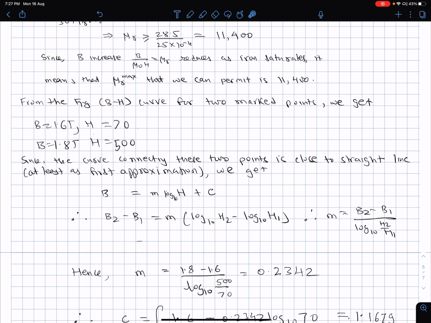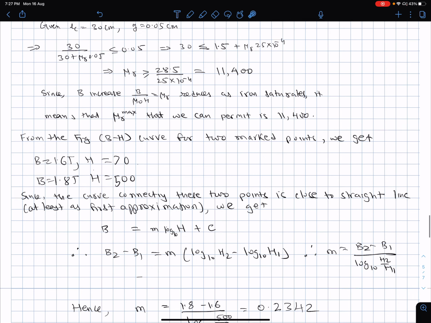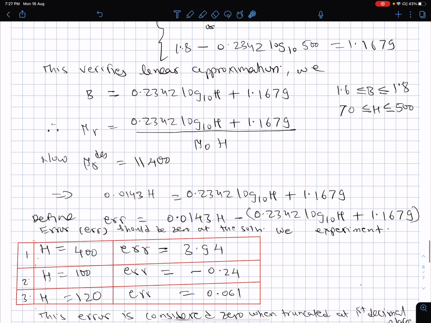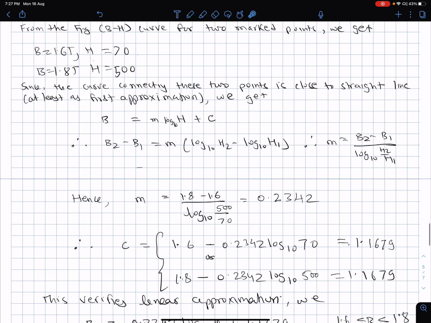So B will be equal to the slope of that straight line, M, times... even though here we have marked by taking inverse log as if it is 10, 100, 1000, 10,000, what is actually there is the logarithm of h to the base 10, for ease of reading.